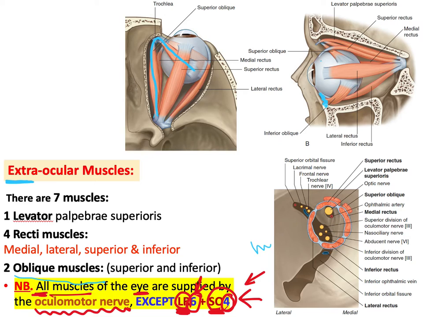Also from the maxilla, lateral to the nasolacrimal groove, and inserts in the posterior half of the sclera, right? Imagine once contracted. We said that oblique muscles work against their names. Inferior oblique moves the eyeball up, like when you look into the roof, right?